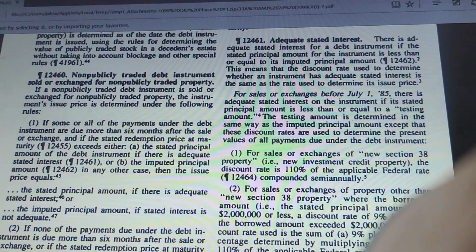2. For sales or exchanges of property other than new section 38 property, where the borrowed amount, i.e. the stated principal amount, was $2 million or less, a discount rate of 9% is used.